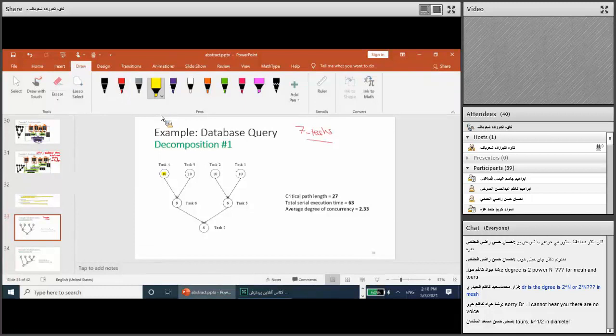The number inside each circle is the task execution time.